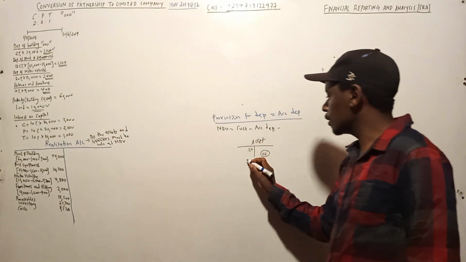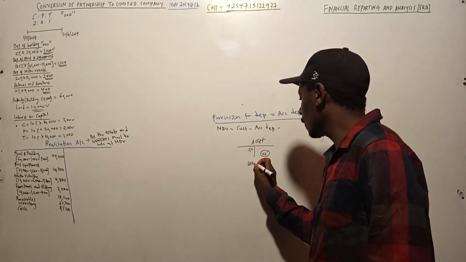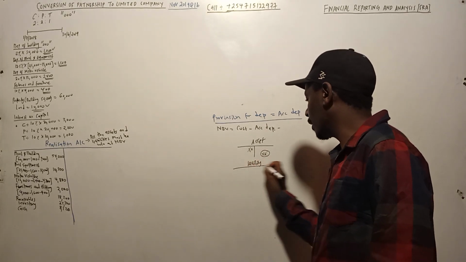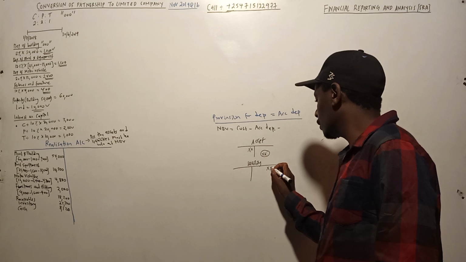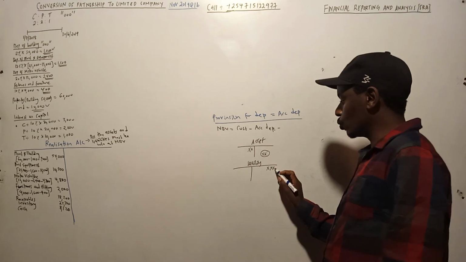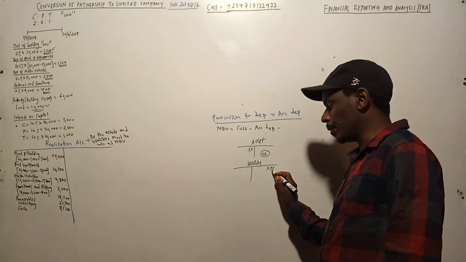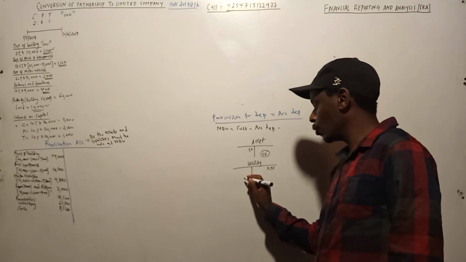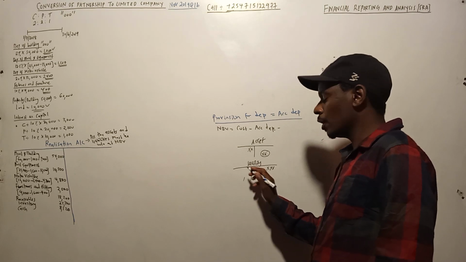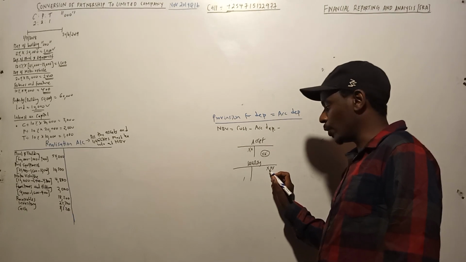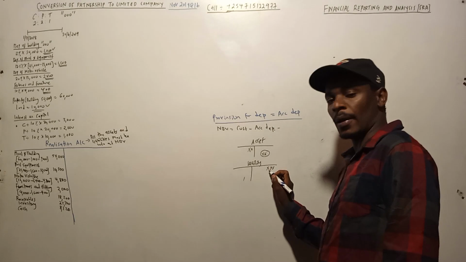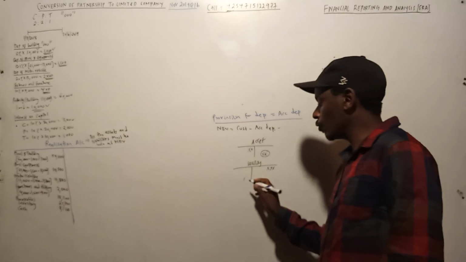Now, for liability, it is the opposite. If we have a liability, we credit it in our account. But if you want to write it off, we debit.